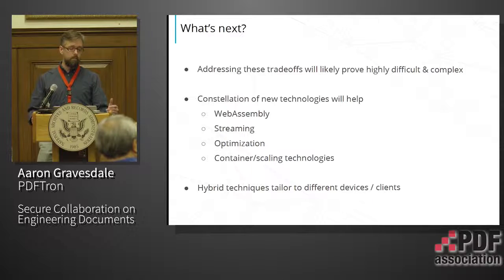And so these can lead to a lot of hybrid techniques that can allow you to tailor to different devices, different clients and different scenarios, and manage these trade-offs between these competing concerns.